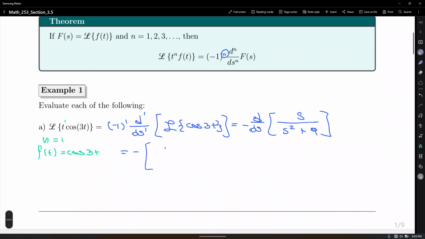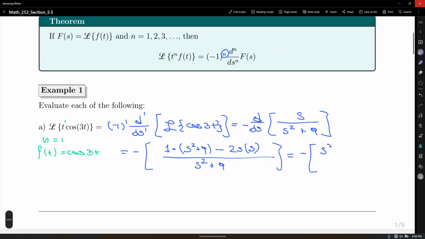Derivative of s equals 1 times s squared plus 9, minus the derivative of the denominator, which is 2s, times the numerator s, everything divided by s squared plus 9. Let's simplify all this madness here. Save the negative for the very end. s squared plus 9 minus 2s squared, divided by s squared plus 9.